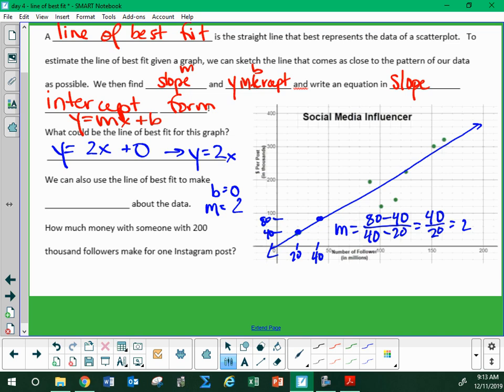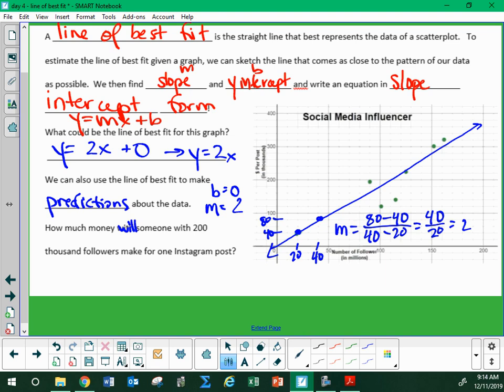Okay. Now we can also use our line of best fit to make predictions about the data. So let's say, for example, how much money will someone with 200,000 followers make for one Instagram post? Okay. So let's take a look.